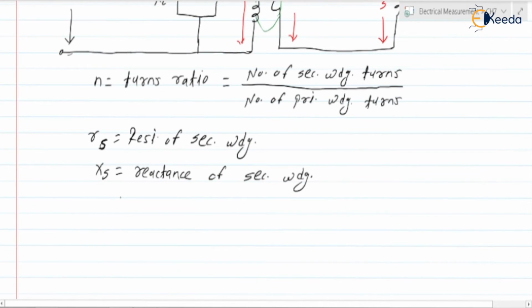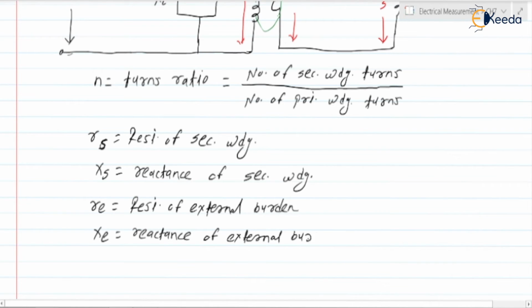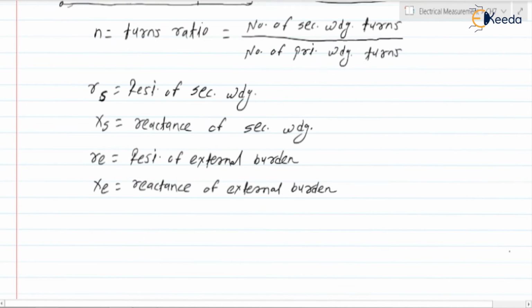Next, RE is the resistance of external burden, that is nothing but the resistance of meters, current coils, etc. Next, XE is the reactance of external burden.